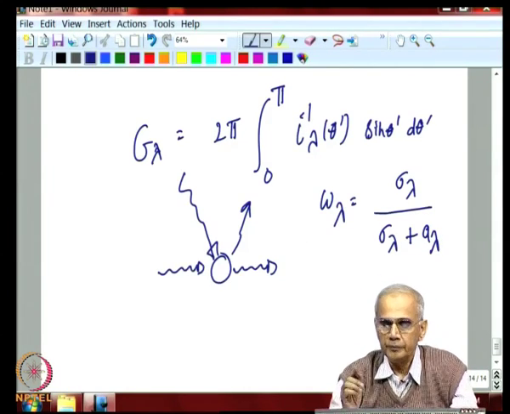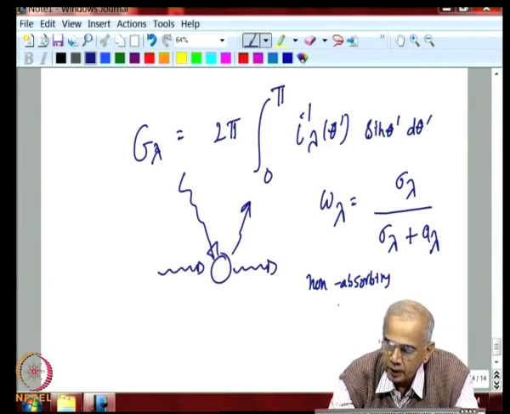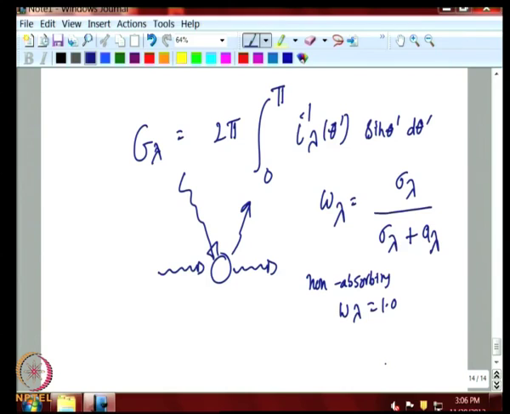If it is a non-absorbing medium, then omega lambda is 1, purely scattering medium, and if it is a highly absorbing medium and this dominates over that, then omega lambda is tending to 0. This is a pure scattering medium, omega lambda is 1, and this is a pure absorbing medium where this is much smaller than that.